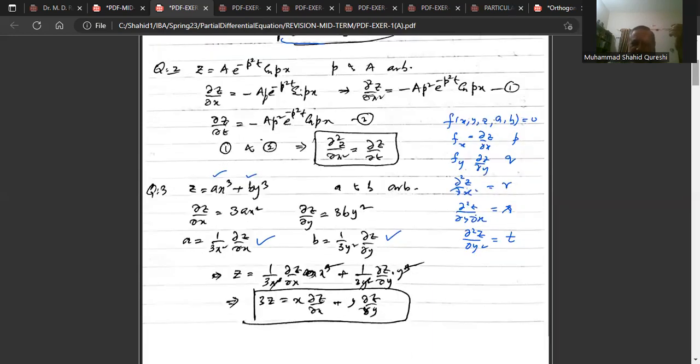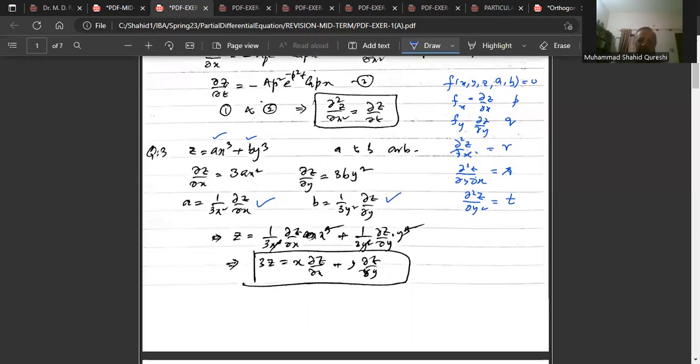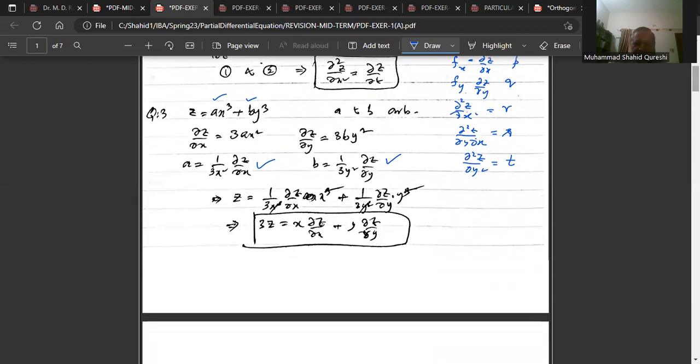The major technique that we use is that given the equations, somehow by taking derivatives we find the equations for the arbitrary constants. If we can find the value of an arbitrary constant in terms of independent variables and derivatives, then the arbitrary constant values, in terms of functions of independent variables and the partial derivatives, are substituted in the original equation, and in simplifying we get the corresponding differential equation.